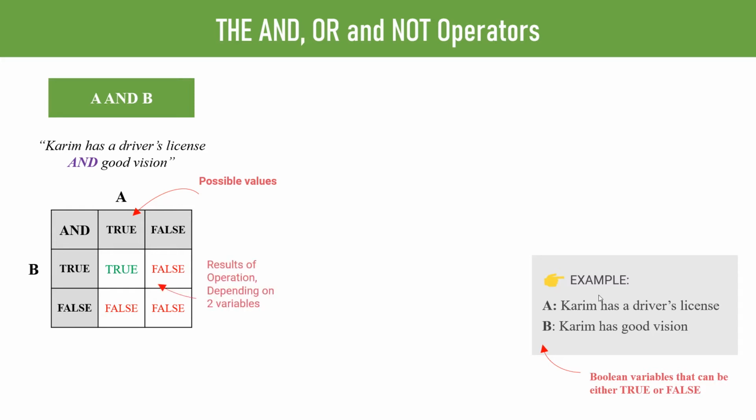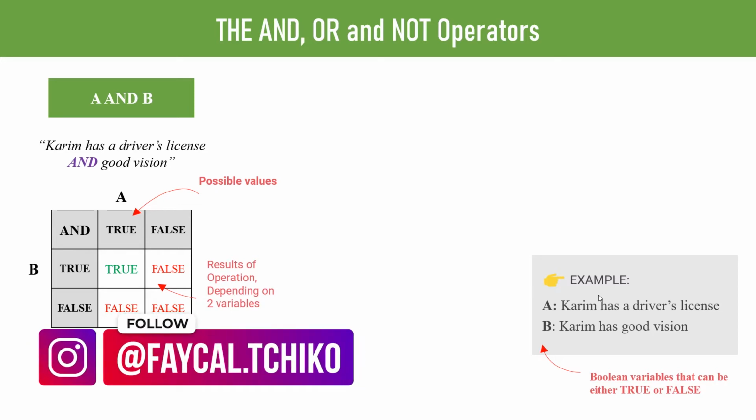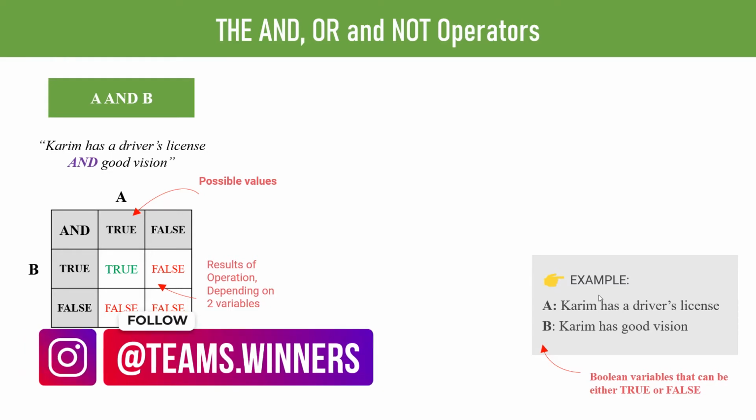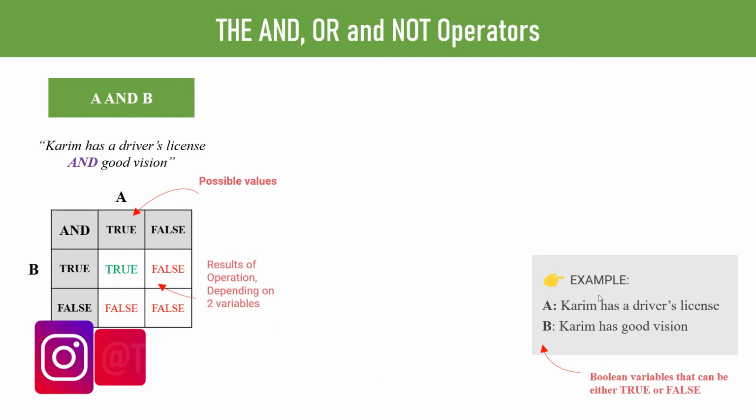And so then all we have to do is to plug in the values of our variables and get the result of the AND operation from this table. So, what we can see from this table is that only if both A and B are true, the result of the operation will be true as well. Okay? And that makes sense, right?